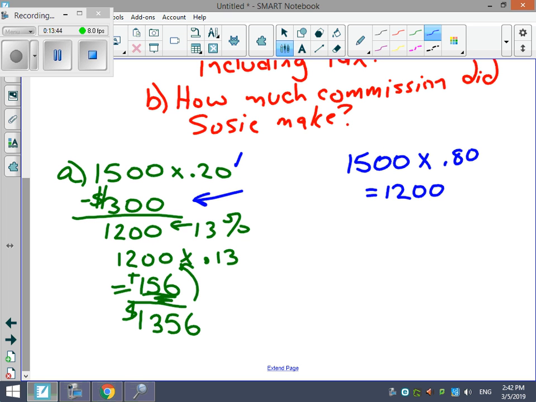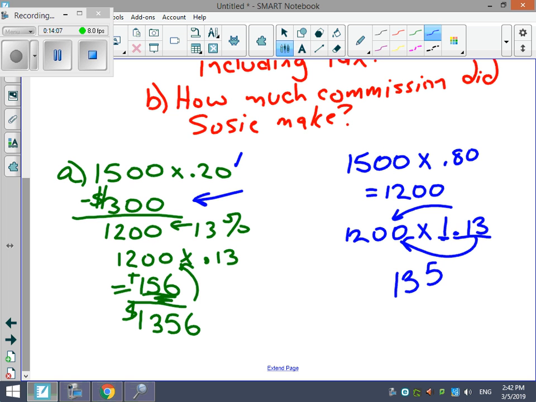And for the next part, if we wanted to do the tax on it, we also talked about how you can multiply this by 1.13. The whole number would bring this 1,200 along, and the decimal 0.13 would just show the tax and put it all together. Anyhow, 1,200 times 1.13 is $1,356.